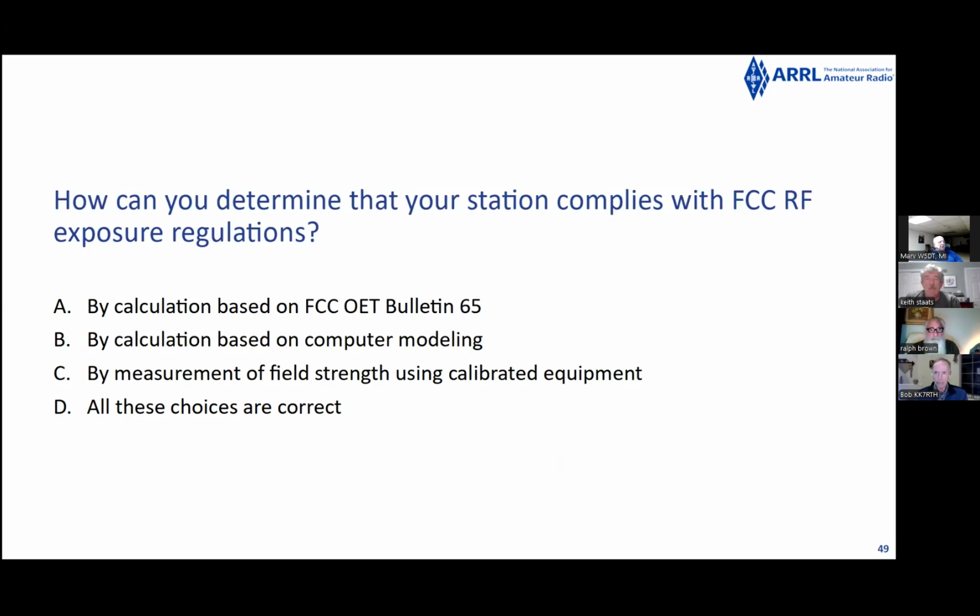How can you determine that your station complies with FCC RF exposure regulations? By calculation based on FCC OET Bulletin 65, by calculation based on computer modeling, by measurement of field strength using calibrated equipment, all these choices are correct. Sounds like D. Yep, D. All of them are right.